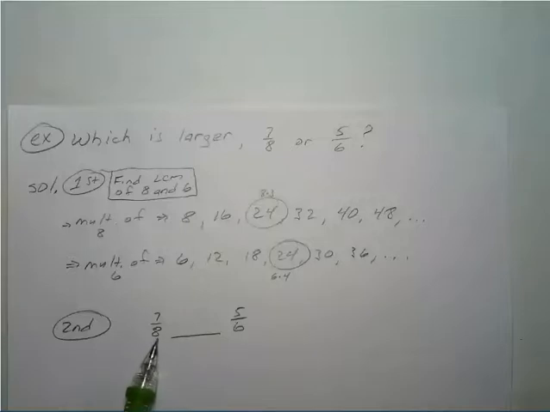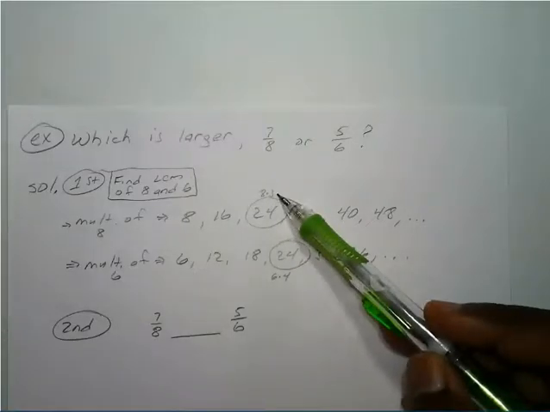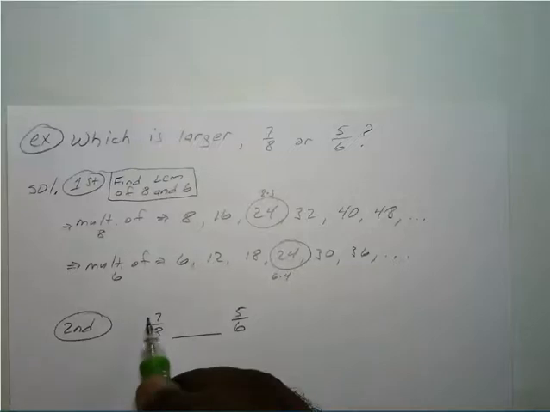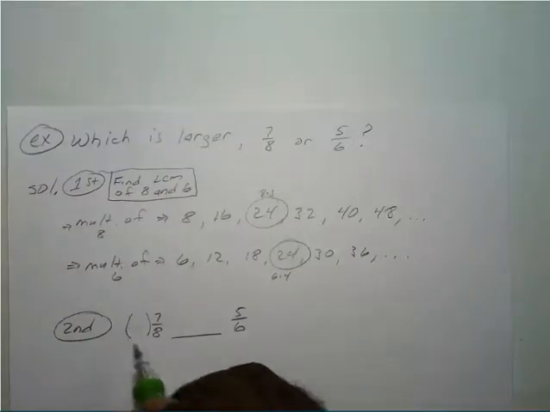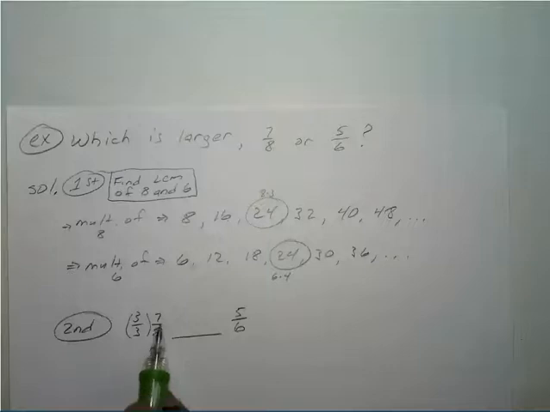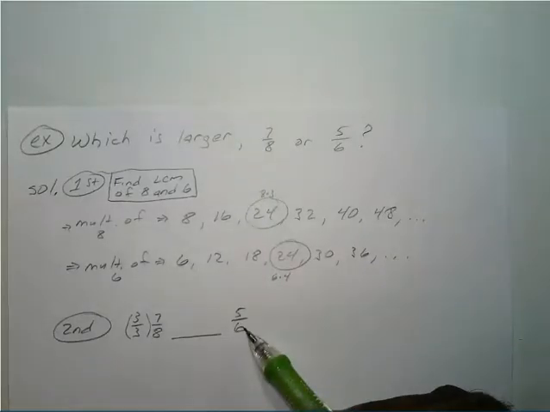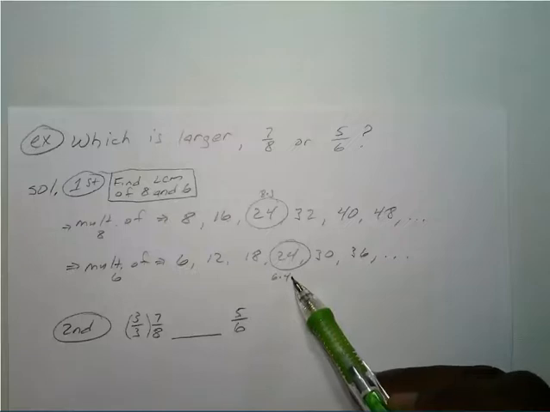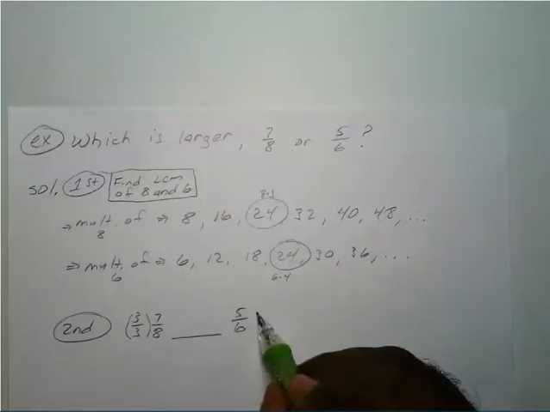Okay, so how do we turn 8 into 24? We multiply it by 3. So that means we're going to multiply this by 3 over 3, because anything you do at the denominator, you have to do at the numerator. And how do we turn 6 into 24? We multiply by 4. So we multiply this by 4 over 4.